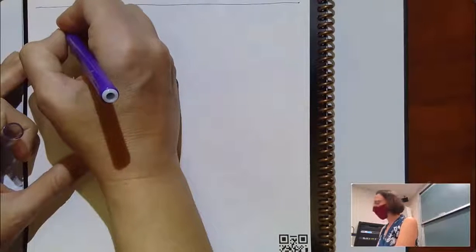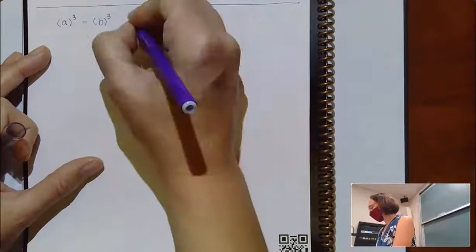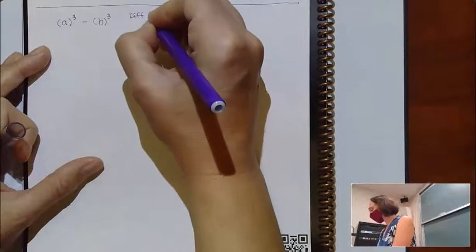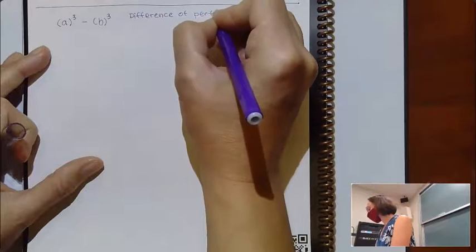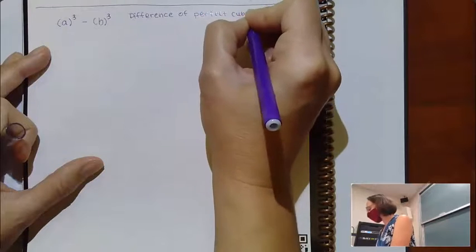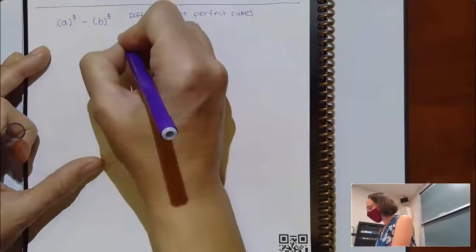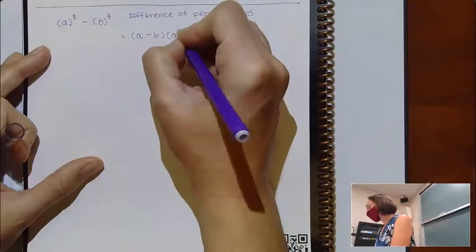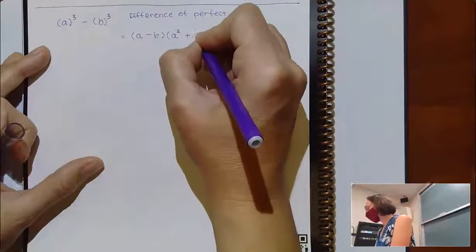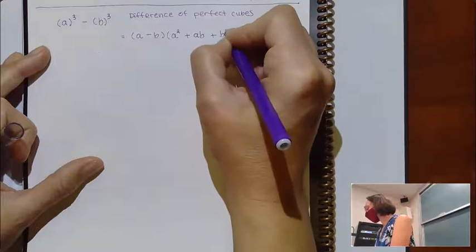And I'm just going to go straight to the formula and then work with the formula. So if I have something that can be written as a cubed minus b cubed, so this is the difference of perfect cubes, this factors as a minus b times a squared plus ab plus b squared.